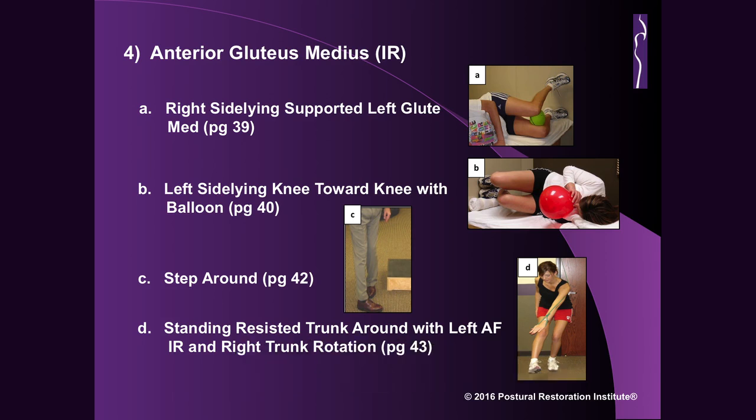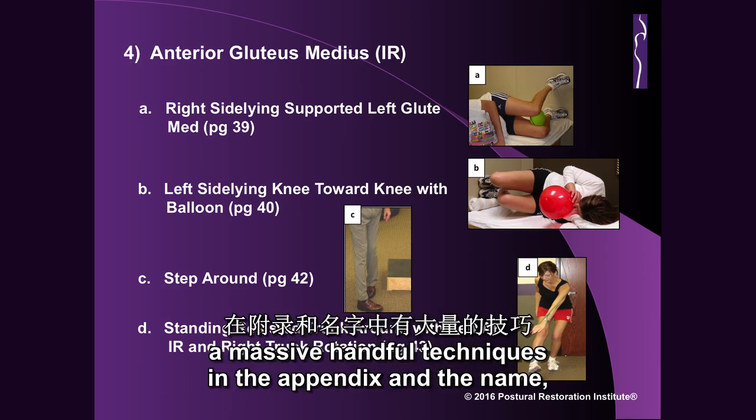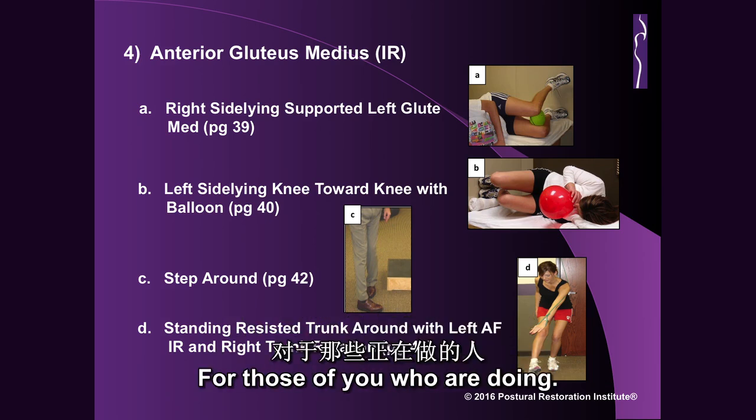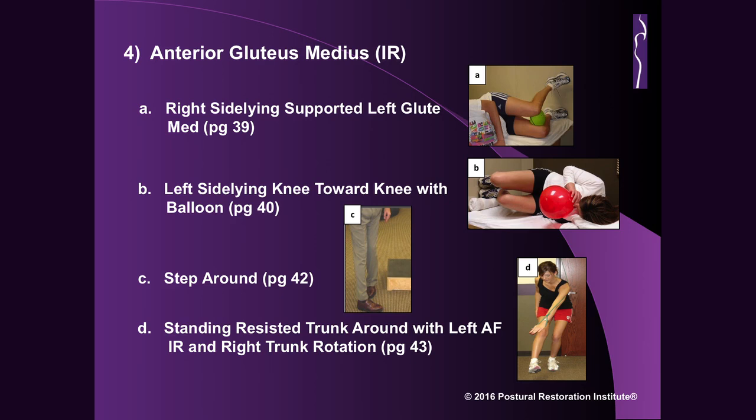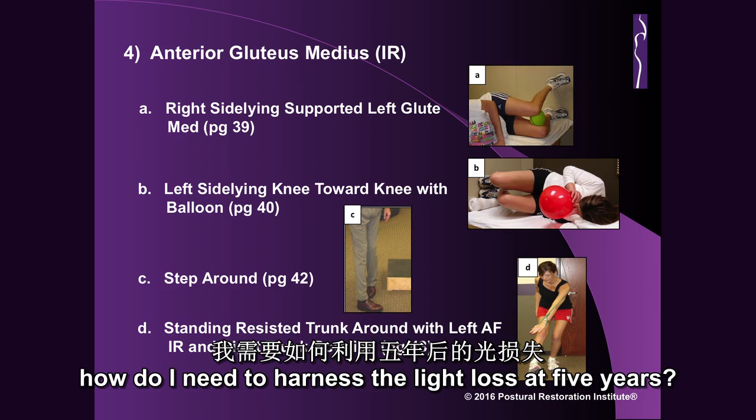Otherwise, kind of the descriptions come along with the CDs that you purchase. But we give you guys a massive handful of techniques in the appendix of this manual to get you started, for those of you who are new in the room or who are taking this home study for the first time. You have a large chunk of techniques to choose from in this appendix.